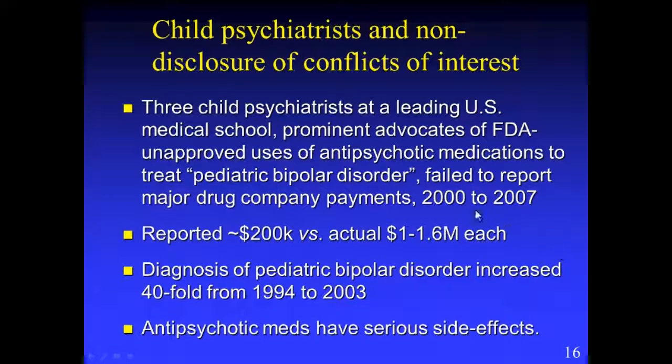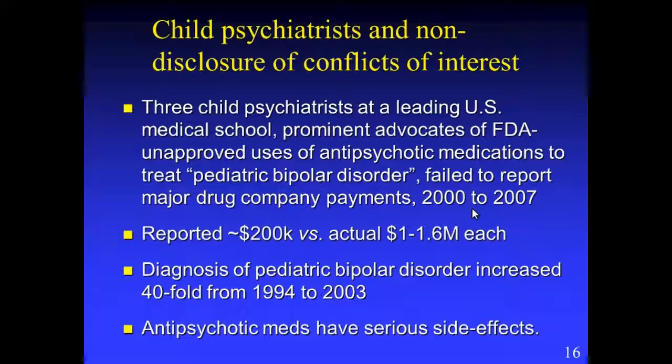Another conflict of interest that arose was in the news not so long ago. It was over the prescribing of antipsychotic medications to treat a somewhat controversial condition called pediatric bipolar disorder, which not everybody apparently agrees actually exists.